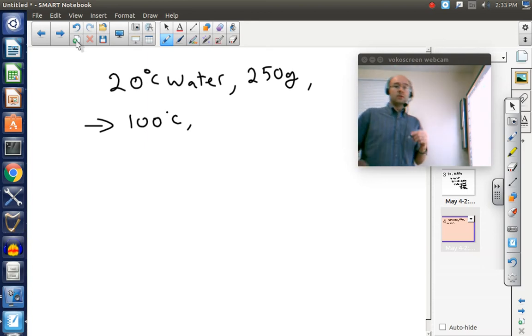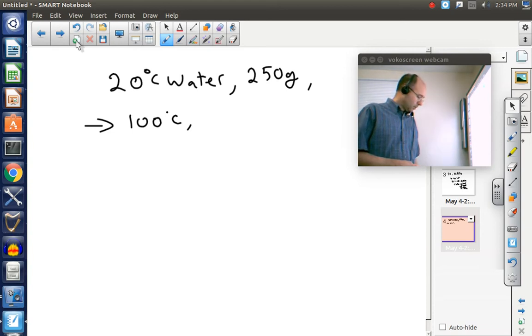So we want to raise the temperature of this water using electricity from room temperature 20 or 68 up to 212 or 100 Celsius. I'm going to talk about 3 ways we can do this, and then we'll compare how much power we use to do that with our wireless router.